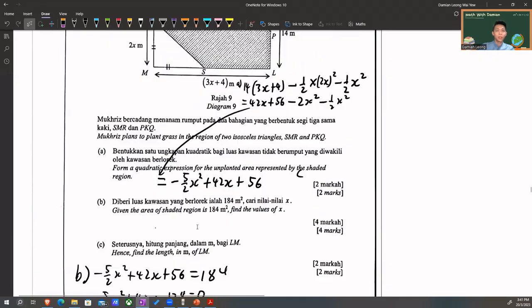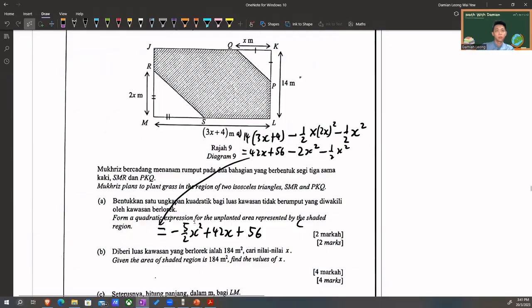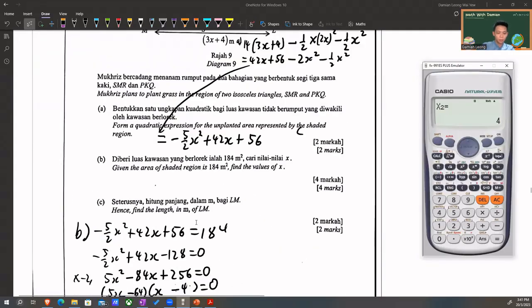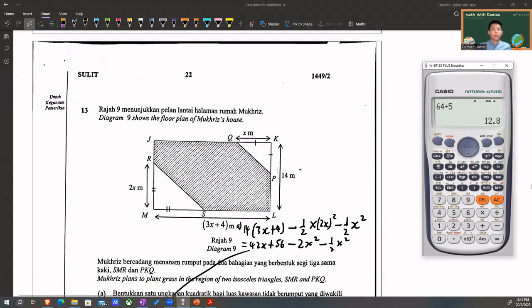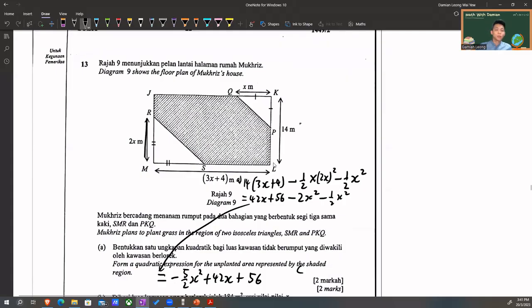Now we want to see whether both are possible or not. Let's consider 64/5, which is 12.8. So I'm saying 12.8 is x. If here is 2x, 2 times 12.8 would be 25.6. But here is only 14. There's no way x can be 25.